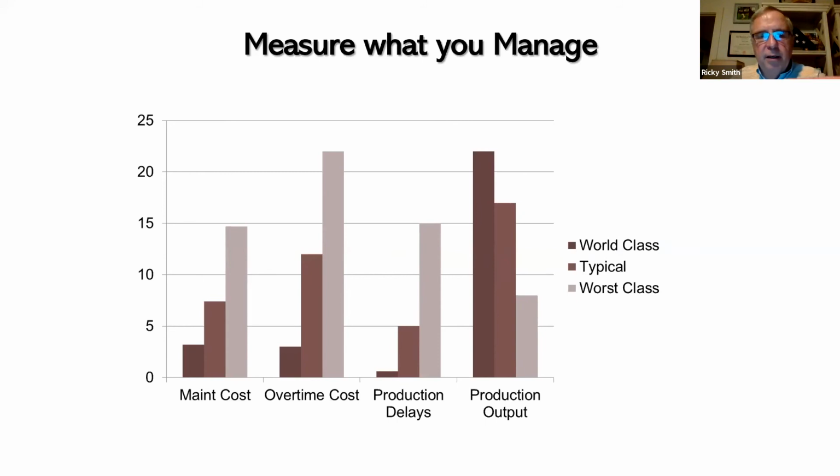If we look at production output, it is high. So when we look at overtime costs, okay, we got maintenance costs is low, but now you can't drive down your cost of maintenance without investing into it. A lot of companies try to cut their way to lower maintenance costs. Maintenance cost is a cost. You can hide it where you want to hide it, but maintenance cost is maintenance cost.